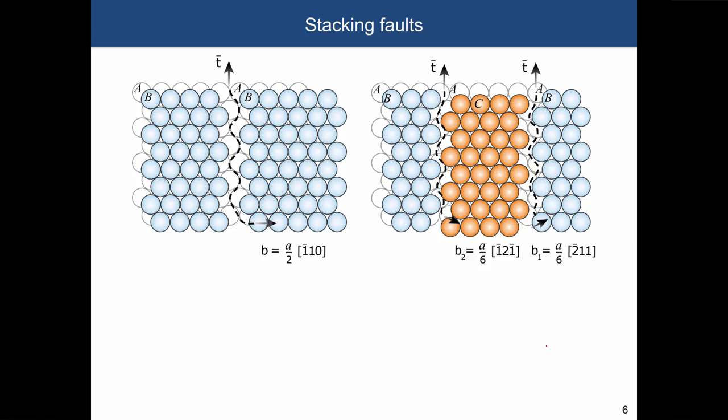The reason why it's called a partial dislocation, again, is because the Burger's vector itself is not a vector of the lattice itself. It's a portion of, or a segment of, a lattice vector within the crystal. And why do they form? Previously we mentioned that from the energy perspective, dislocations carry an elastic energy that is proportional to B squared, the Burger's vector squared.